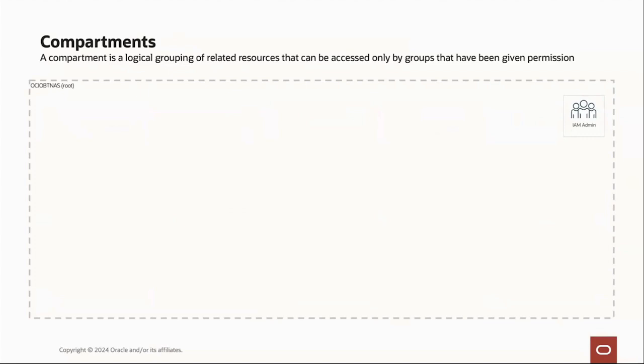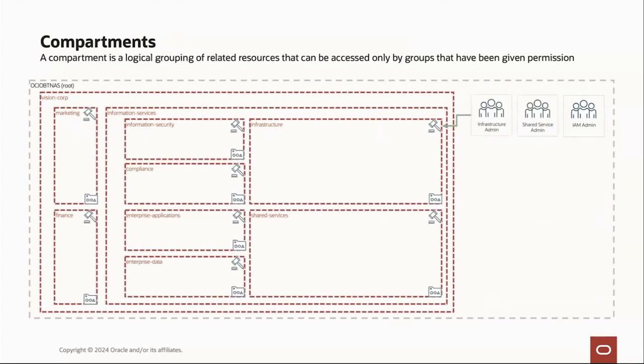As you go, you'll likely be making different sub-compartments nested up to 6 levels. Maybe you might have a compartment by group or department like marketing or finance. Then you might have some sub-compartments for infrastructure, shared services, enterprise data.